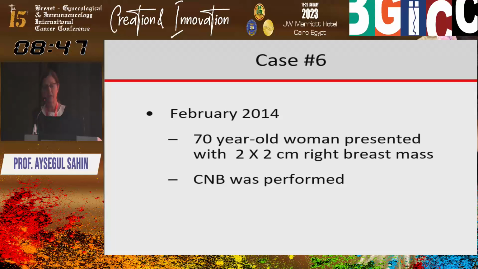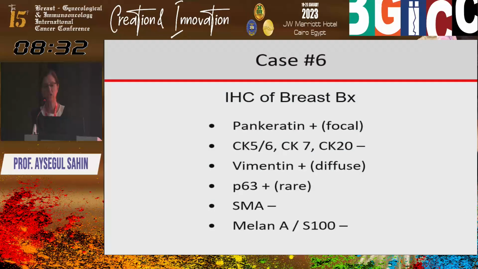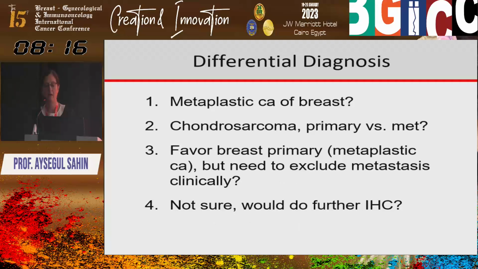And in the last case, we had another unusual patient who presented with a 2 by 2 centimeter single breast mass. Core biopsy was performed, showing this cartilaginous lesion. And it was pancytokeratin focally positive, CK7, 5, and 6 were negative, vimentin was positive, rare cells with P63, and melanoma markers were negative.